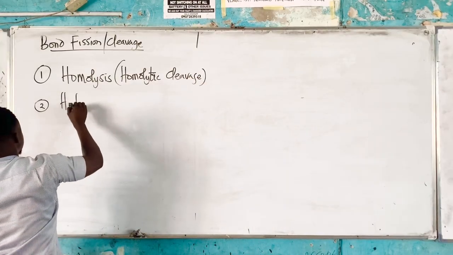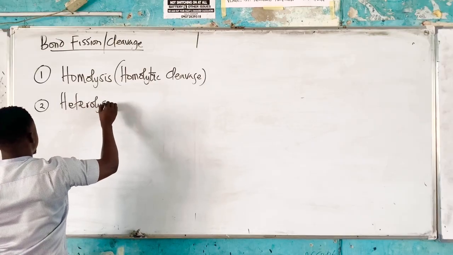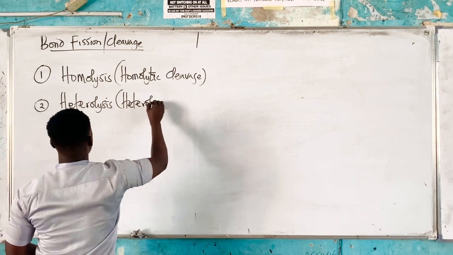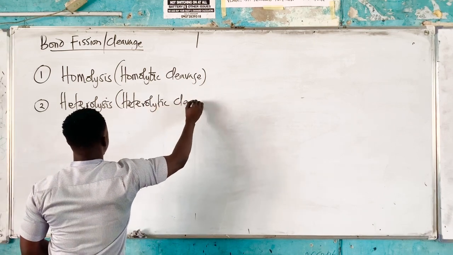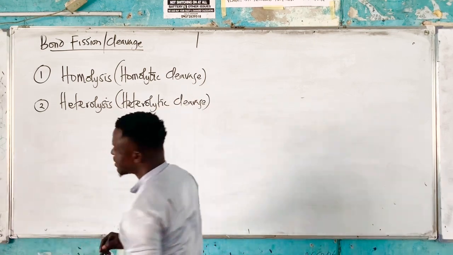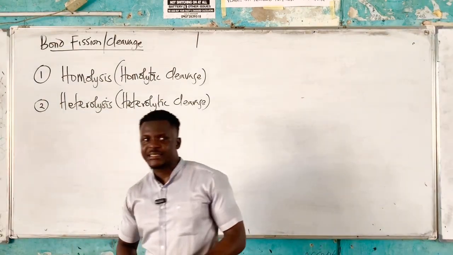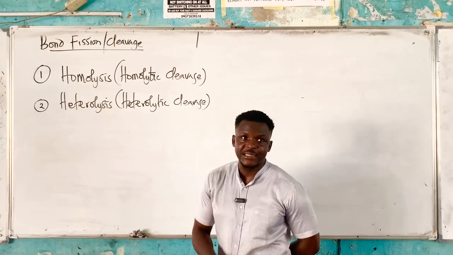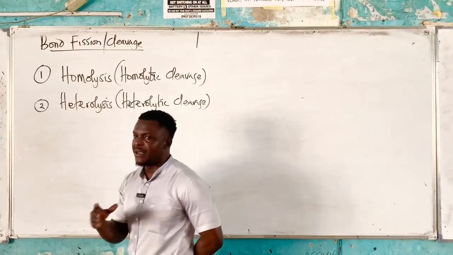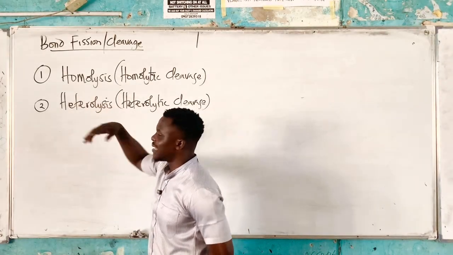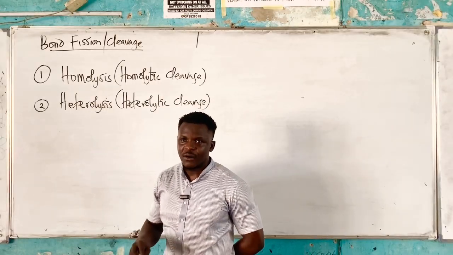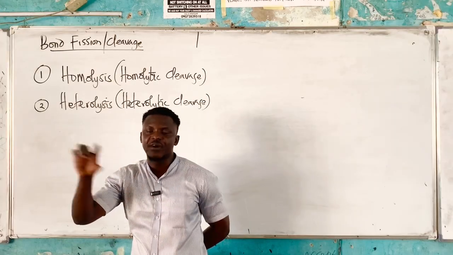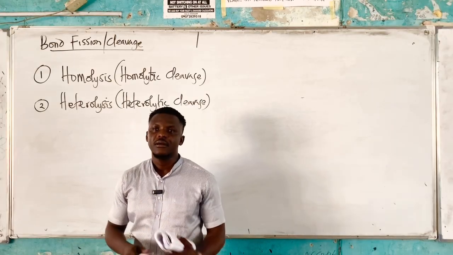And the next one is heterolysis, heterolytic cleavage. Now let me explain this before I dictate, so in case of exams you don't have to cram the definitions. Always try to understand terms before cramming. Homo simply means same. Anytime you see lysis, lysis means breaking. Homo, breaking the bond such that the two fragments are retained equally.